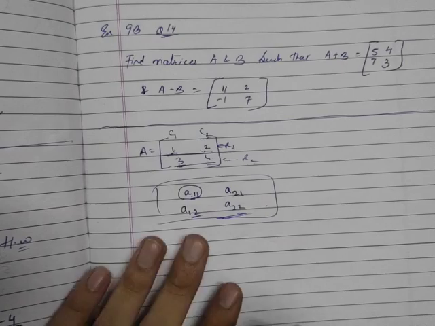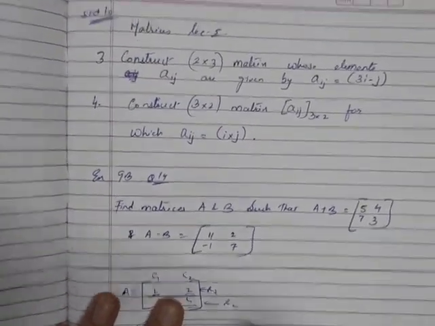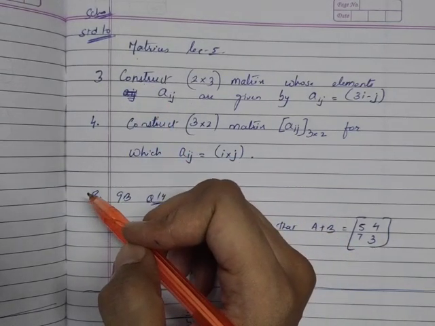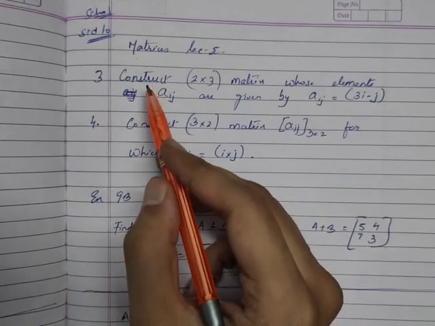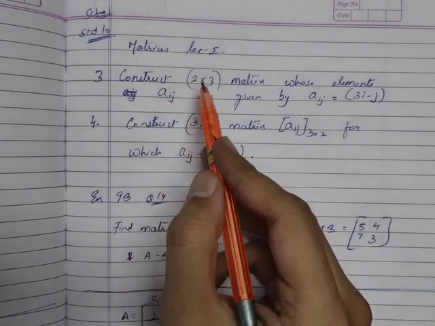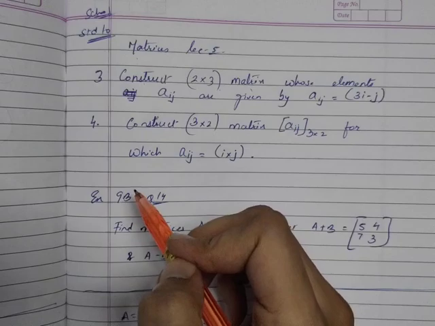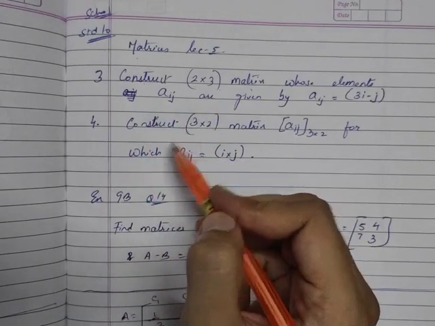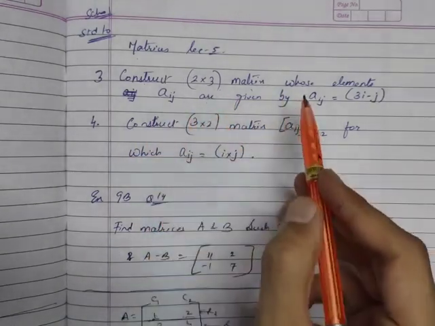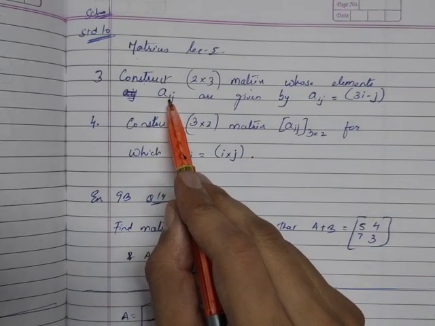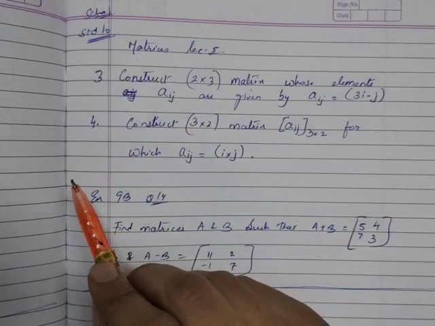Alright? Now, if you understood this, then you can now understand with me the first question of this lecture. It says, construct a 2 cross 3 or 2 by 3 matrix. That means we have to make a matrix. We have to put the elements whose elements Aij.